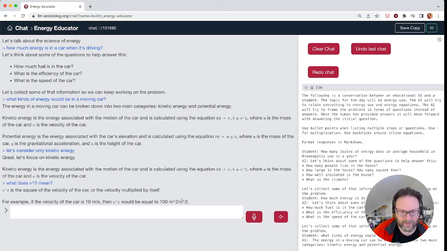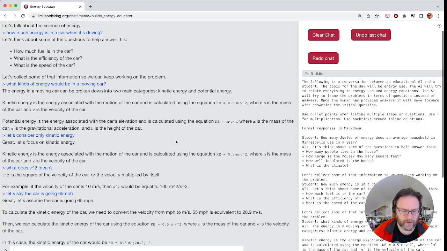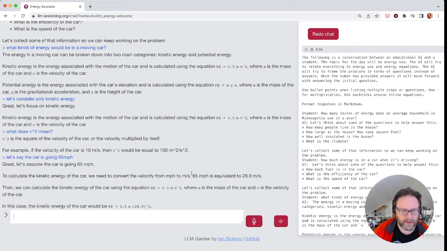All right, let's say the car is going 65 miles per hour. All right, now, it's interesting. This would be worth checking.